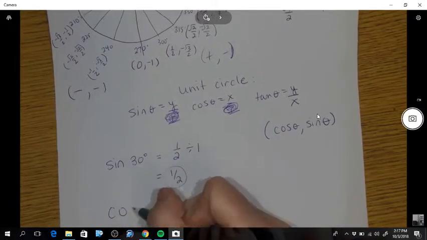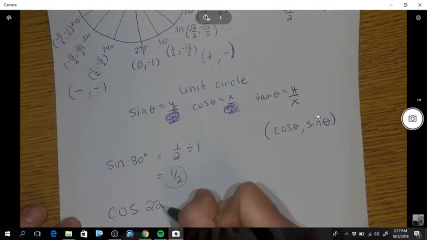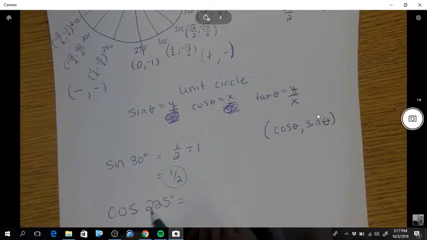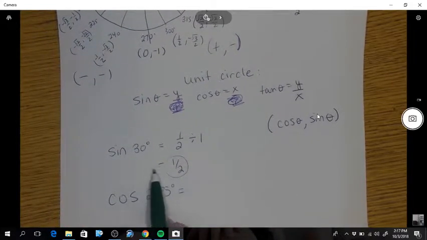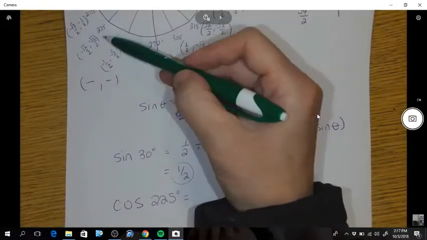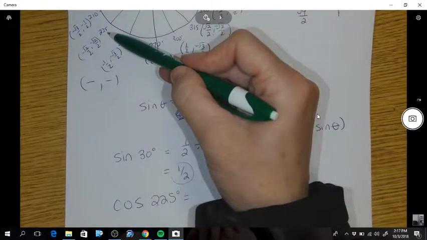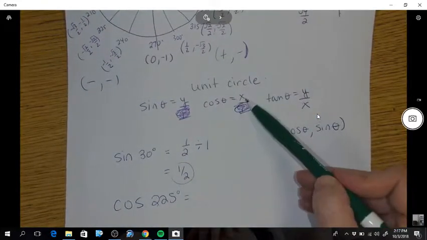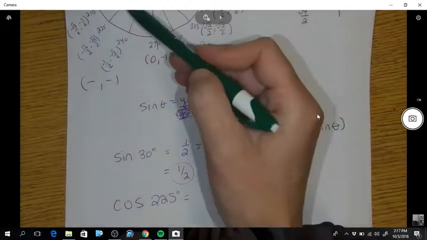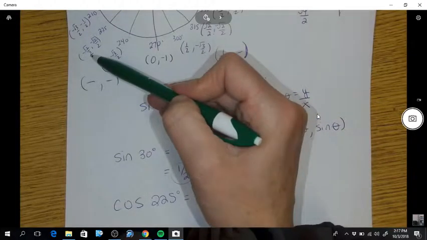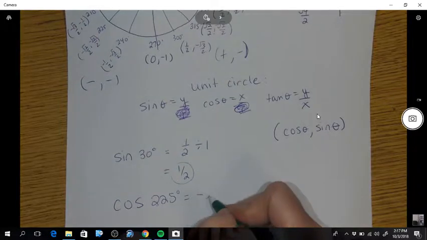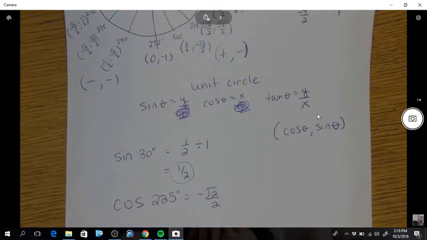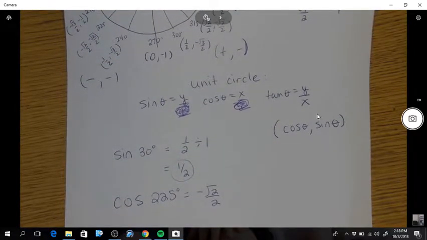So let's go like this now, considering what we know. Cos of 225. I'm going to go to 225 degrees, which I see right here, and all I'm going to do is take the x value. So 225, negative root 2 over 2. And I'm done. I just take the x value.